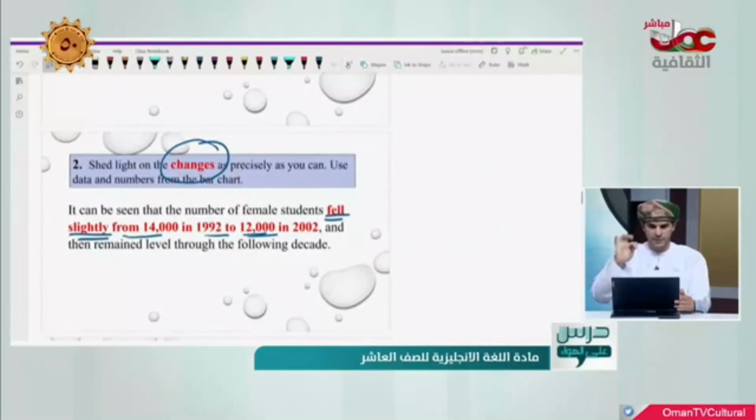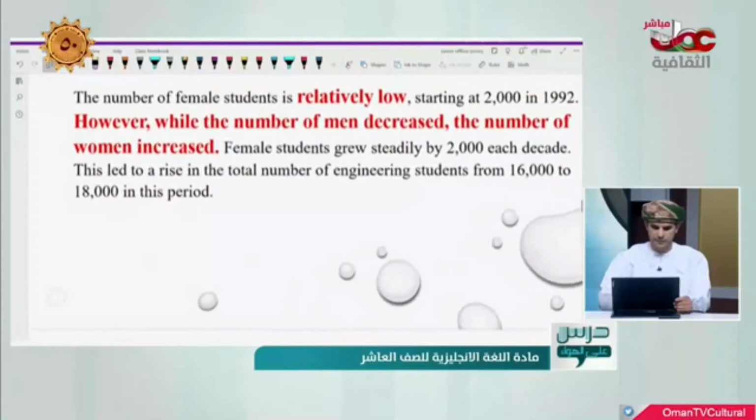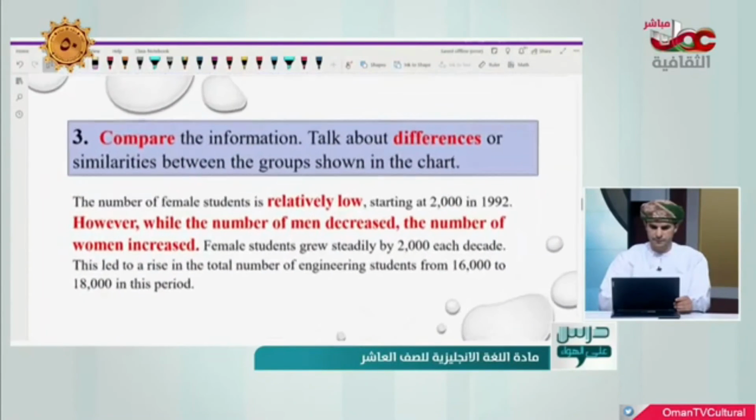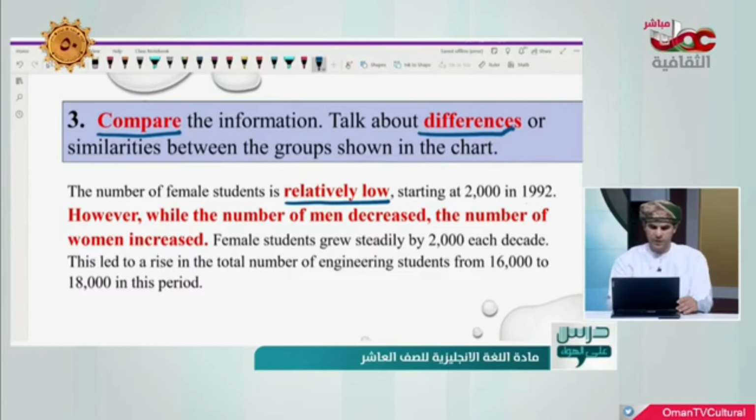Step 3 is compare. Compare the information. Talk about the differences or similarities between the groups shown in the chart. So the number of female students is relatively low, starting at 2,000 in 1992. However, you are comparing here.